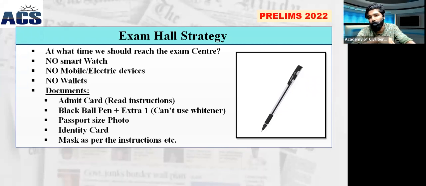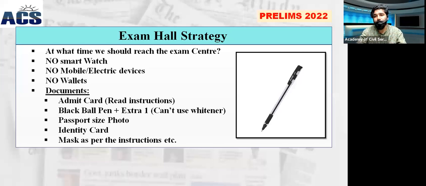A passport size photo also you have to keep. One single passport size photo you can keep in your hand to verify whether the real person is coming for the examination. And an identity card which you have given with the application form, whether a driving license or Aadhaar card or voter ID or PAN card, etc. Whichever identity card you have given in the UPSC examination application form, that original identity card you have to keep with you.